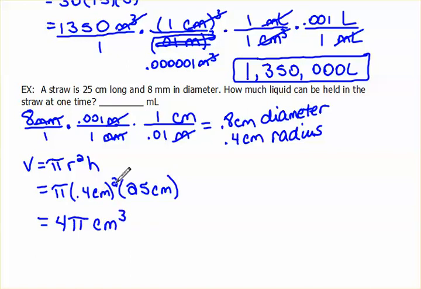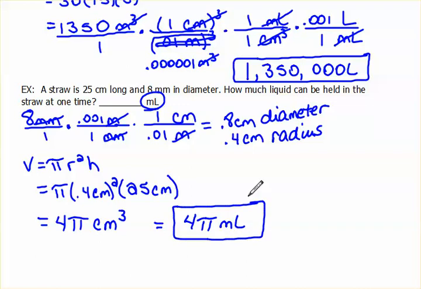So centimeter squared times centimeter would be centimeter cubed. Now, they didn't want cubic centimeters, though. They wanted our answer in terms of milliliters. But we know there's a 1-to-1 ratio between cubic centimeters and milliliters. So that means we can say this is 4 pi milliliters.